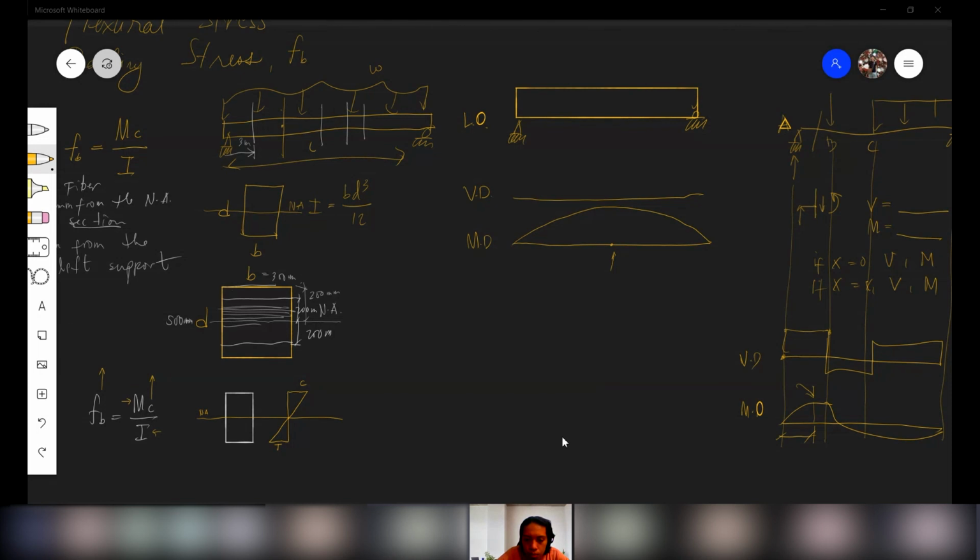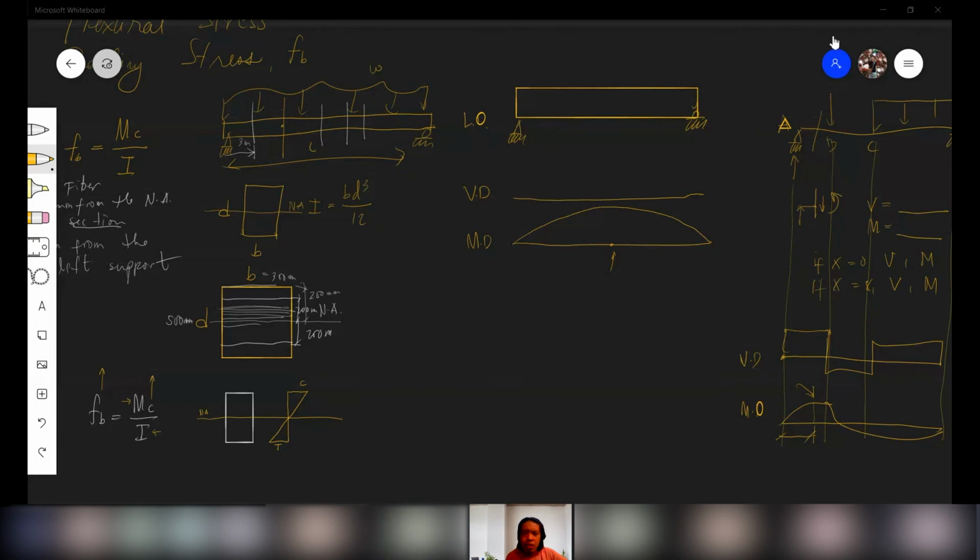Then you look for the moment of inertia, since the moment is the maximum. Then, what's next? Moment of inertia, then... Okay. Since it is the maximum flexural stress, after finding the maximum moment, you solve for the inertia.